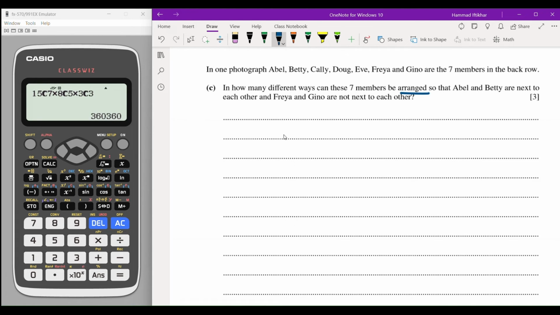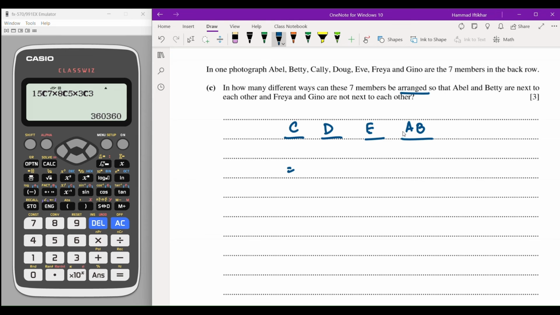So how many are without any problem? We have Callie, we have Doug, we have Eve, and Abel and Betty are in one group. So up until now, how many groups do we have?